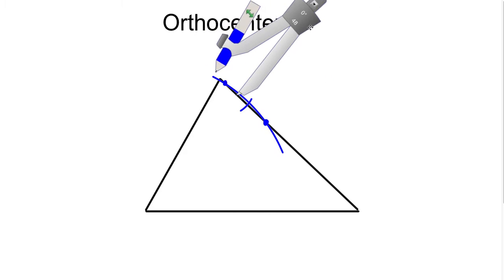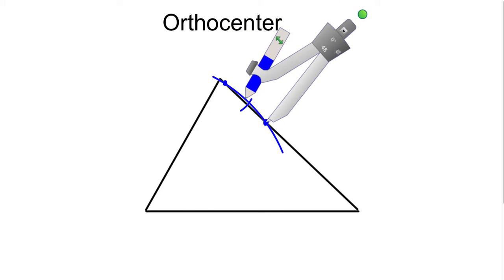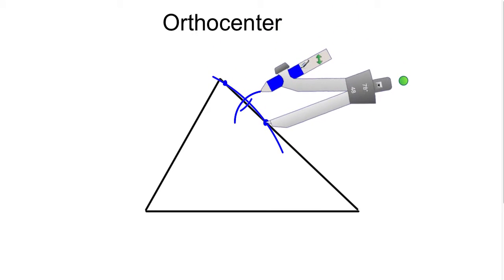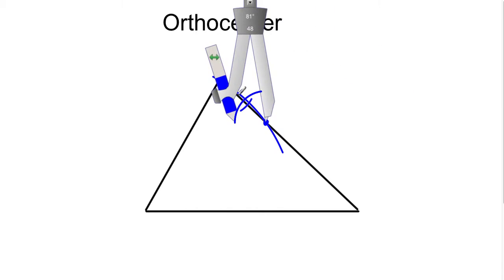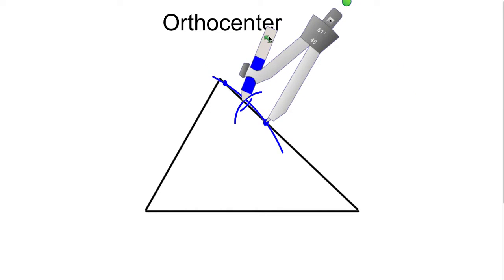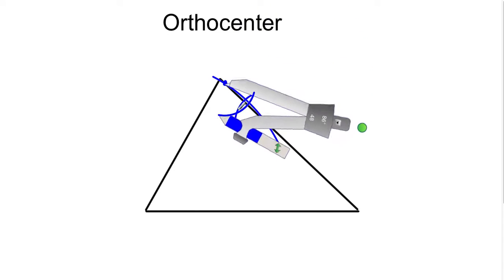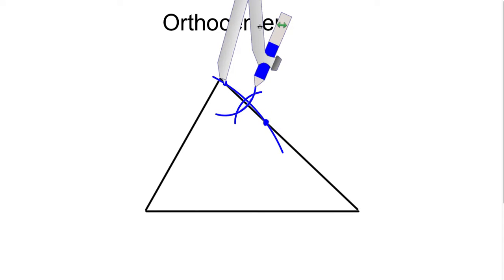Then from the opposite point, not adjusting the size, we're going to do the same thing. Now here, I actually didn't make my first arc big enough, so I'm going to need to go back and make sure this lines up nicely and draw a second arc.